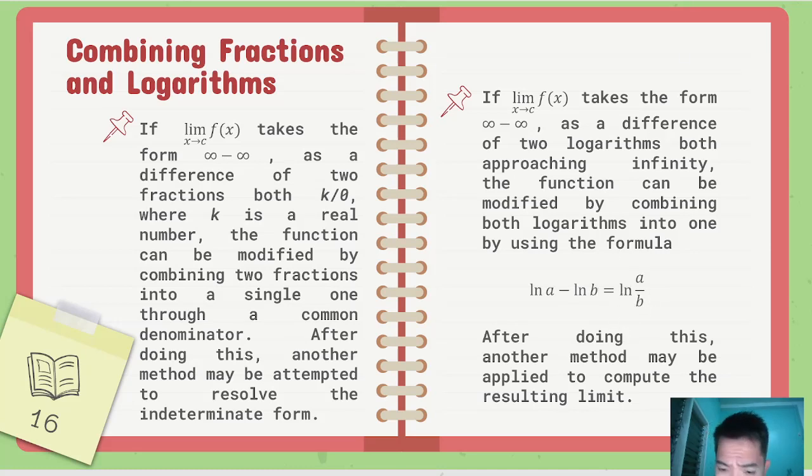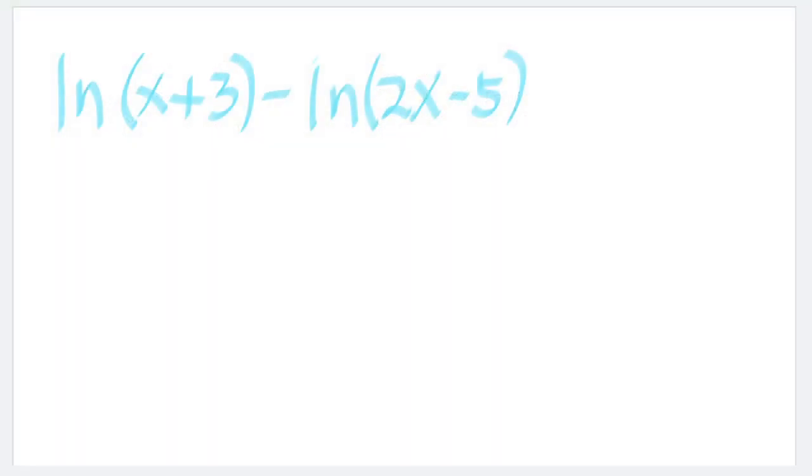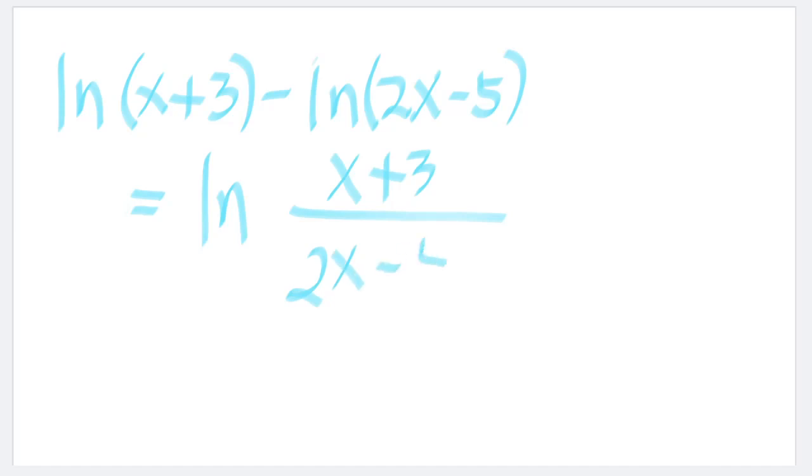And this is also true to the logarithmic properties that you have already learned in your senior high school days. So ln of x plus 3 minus ln of 2x minus 5 is just equal to what? ln of x plus 3 over 2x minus 5.